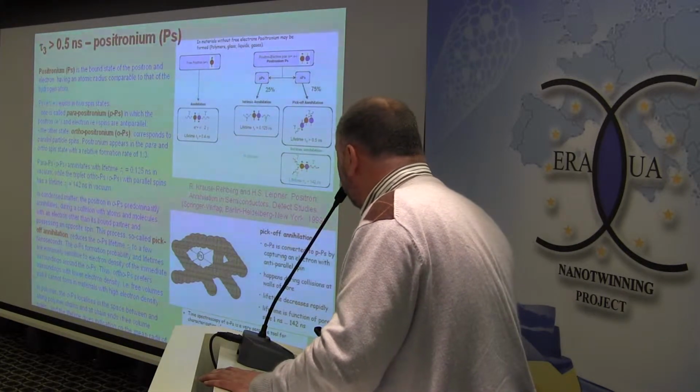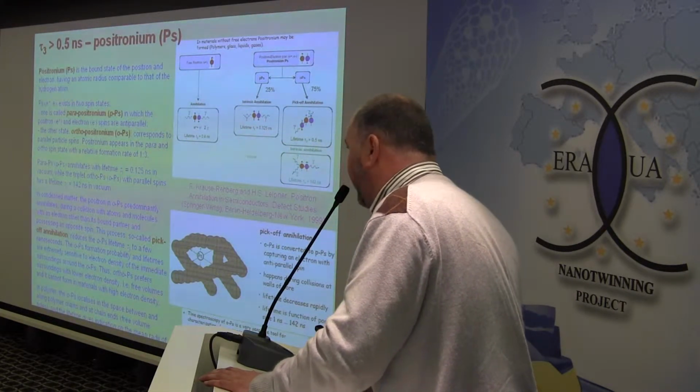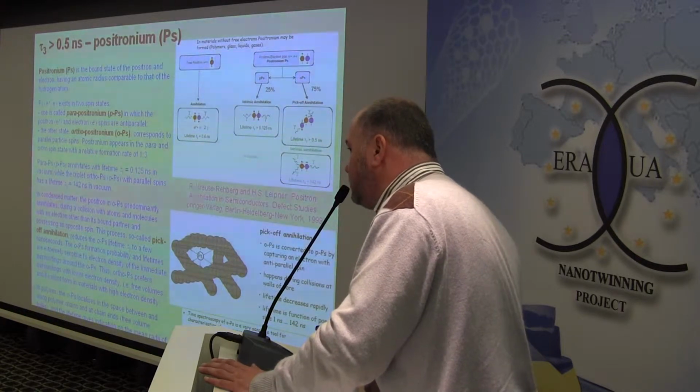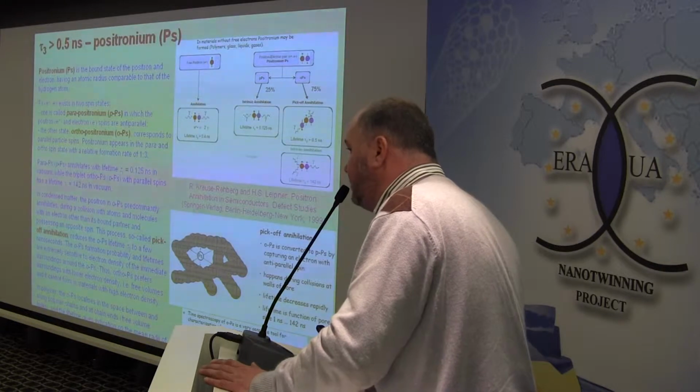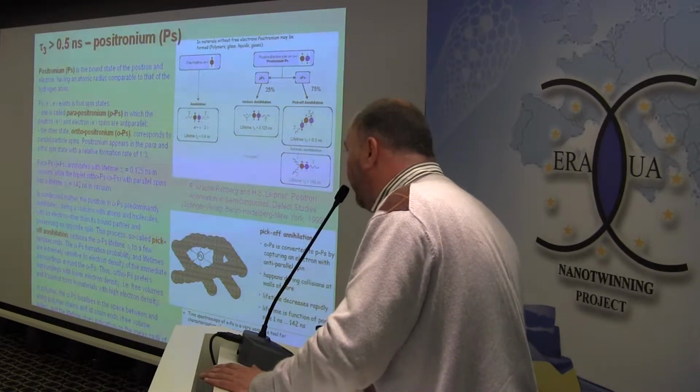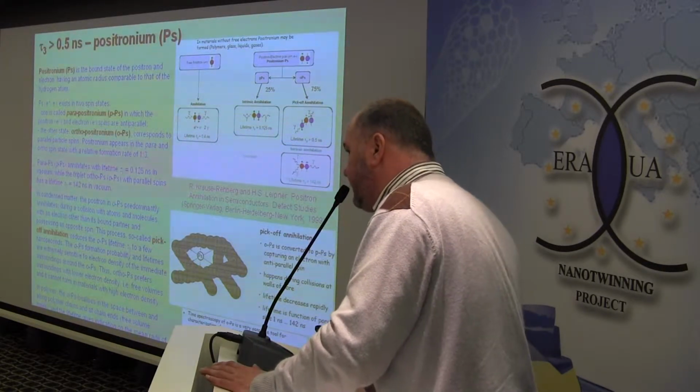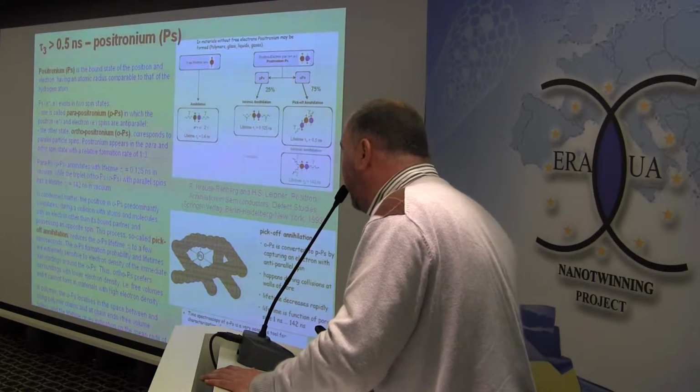In vacuum, orthopositronium has a very long lifetime, 142 nanoseconds, but due to the pick-off annihilation process in material, the lifetime of orthopositronium is significantly reduced to a few nanoseconds.